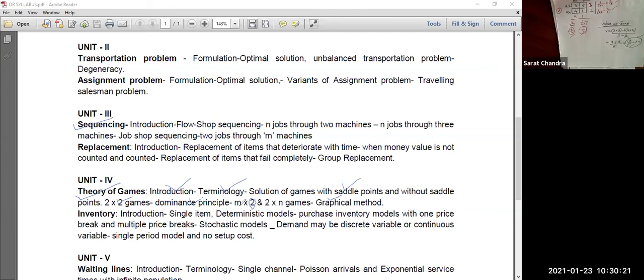When solving an m into 2 game, with only 2 columns, you have to choose the upper envelope, and from the upper envelope you choose the minimum point. Opposite to that, when solving a 2 by n game, with only 2 rows, you have to choose the lower envelope, and from the lower envelope you choose the upper point, by using the graphical method.